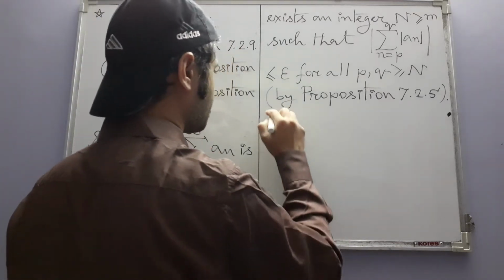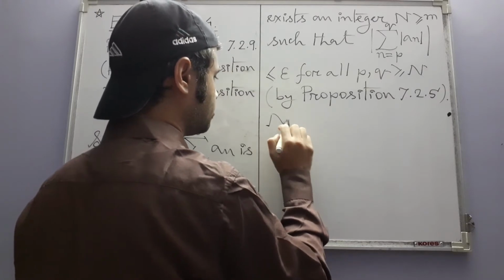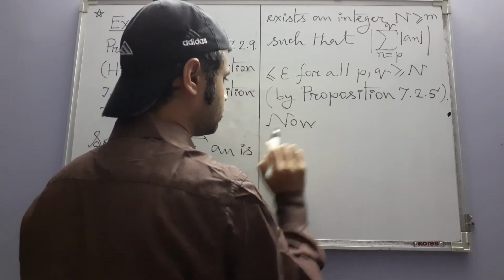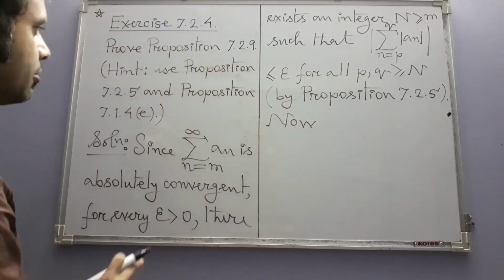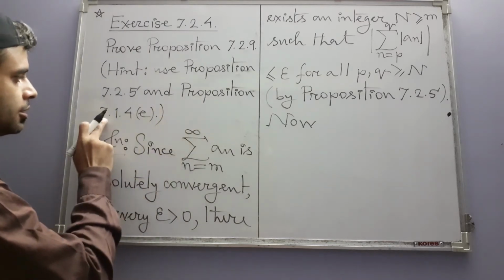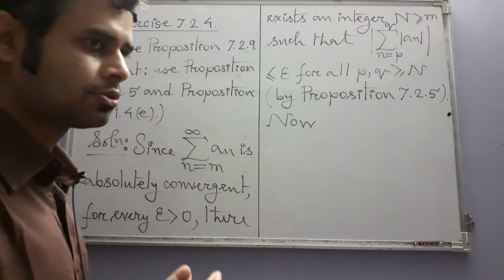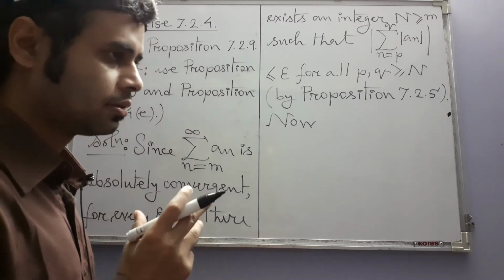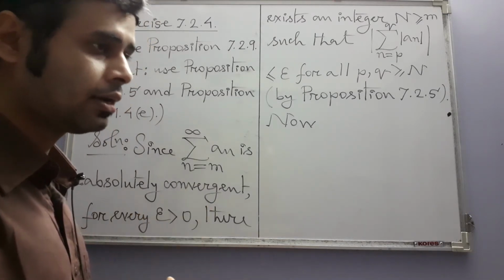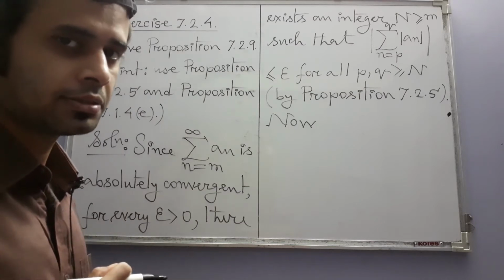Okay, so now something additional is also given in the hint. Proposition 714e is just the triangle inequality for finite series.